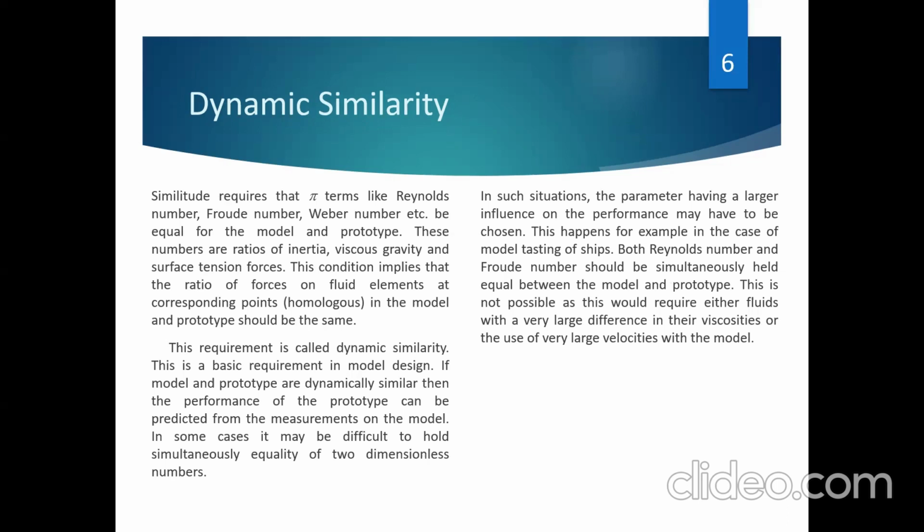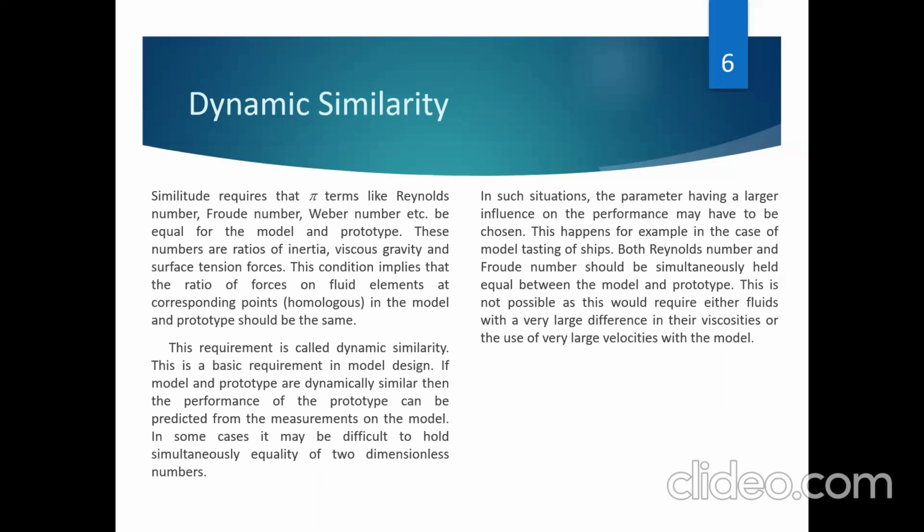This is a basic requirement in model design. If model and prototype are dynamically similar, then the performance of the prototype can be predicted from the measurement on the model. So in some cases, it may be difficult to hold simultaneous equality of two dimensionless numbers. In such cases, the parameters having a larger influence on the performance may have to be chosen.